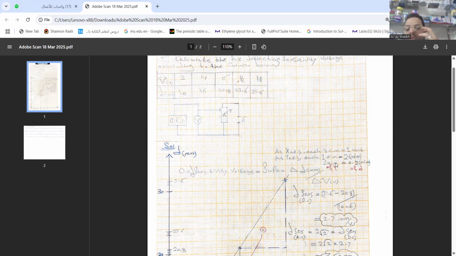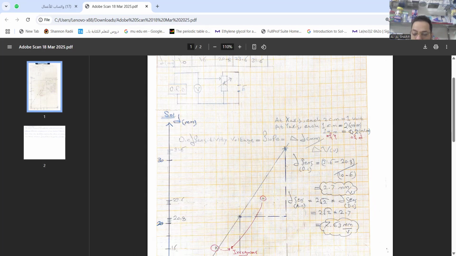We can use 4, we can use 5, but we will have some mistake of about 5.05 in some numbers, and in another number like 32.6, you will have a mistake of about 0.1. But if each 1 centimeter equals 2 millimeters or 4 millimeters, your numbers will sit correctly.